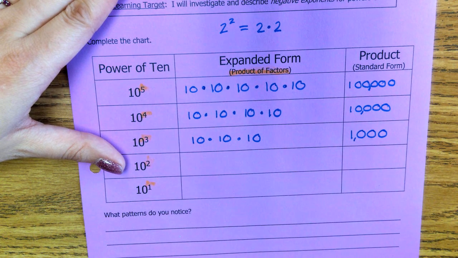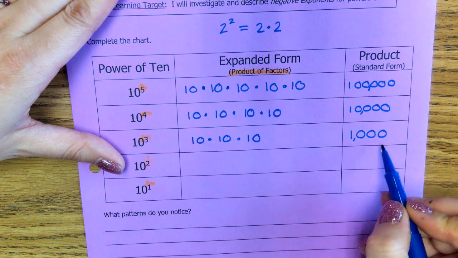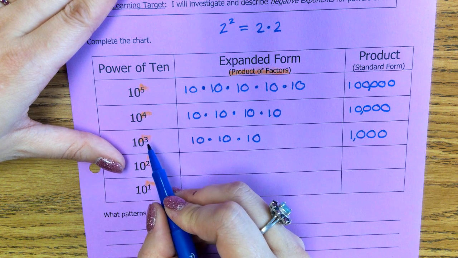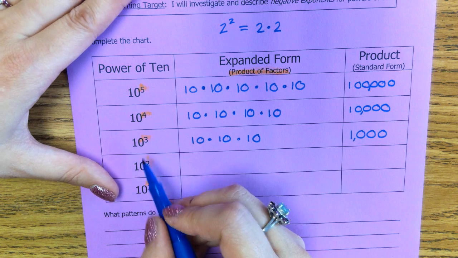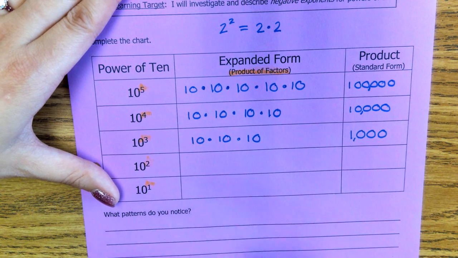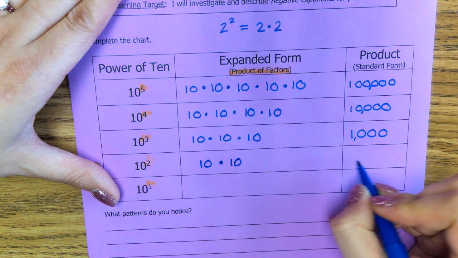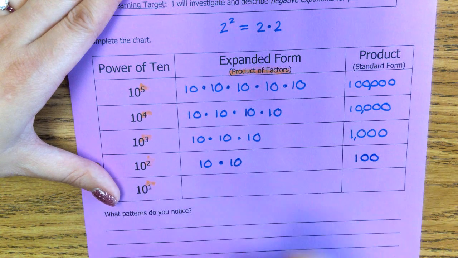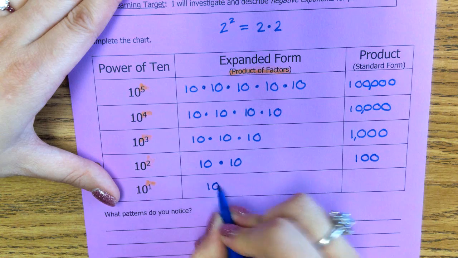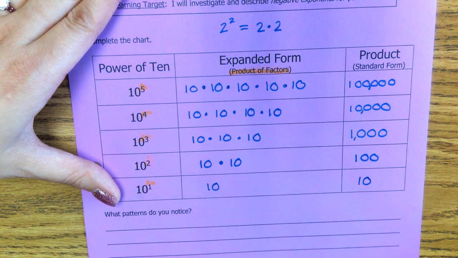Look at that. Again, 3 10s, 3 zeros with an exponent of 3. So let's do the next two. 10 to the 2nd, I would have 10 times 10, which is 100. And 10 to the 1st, which is just 10.